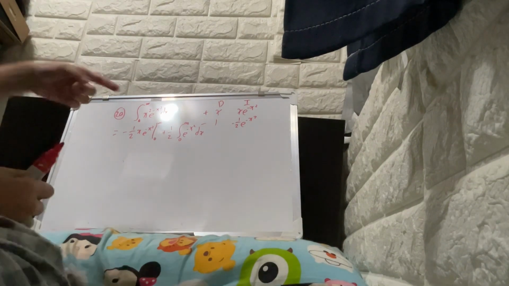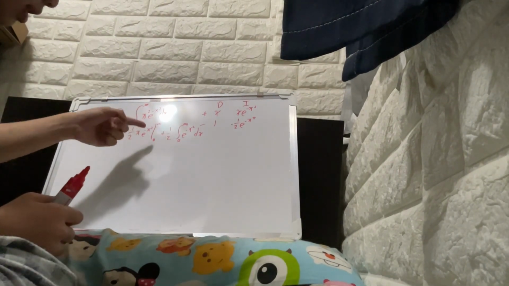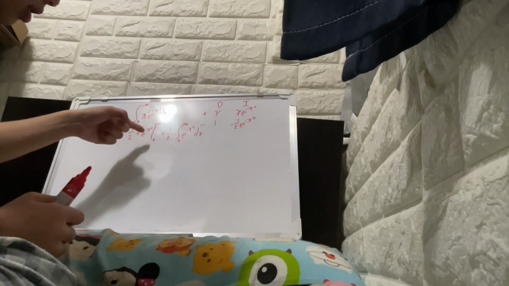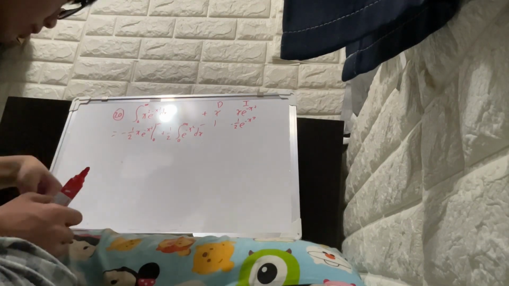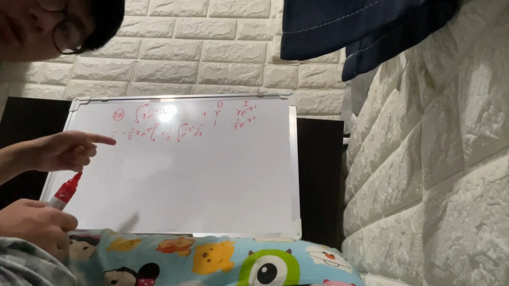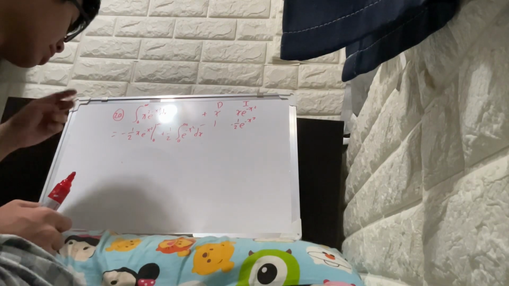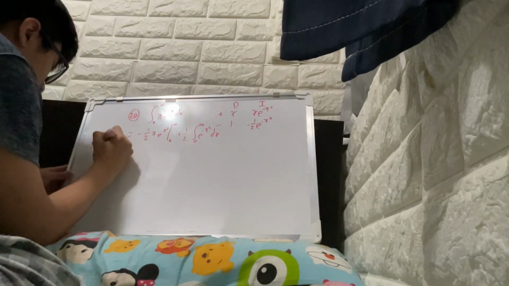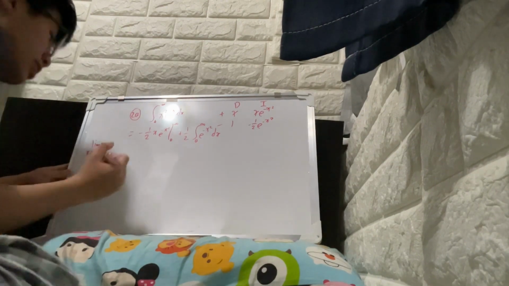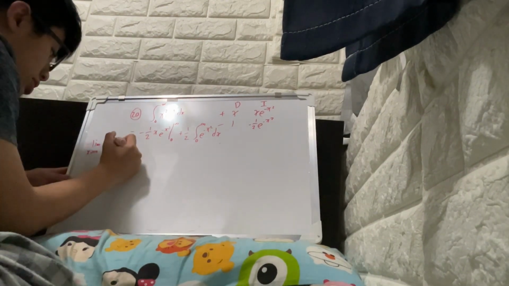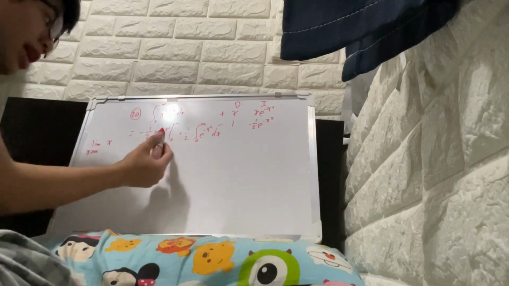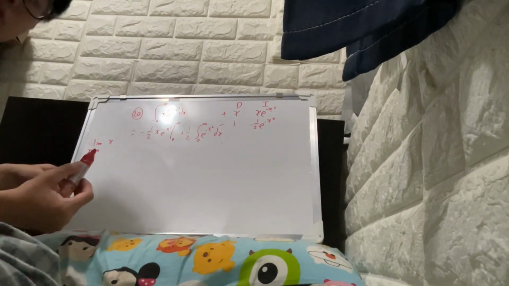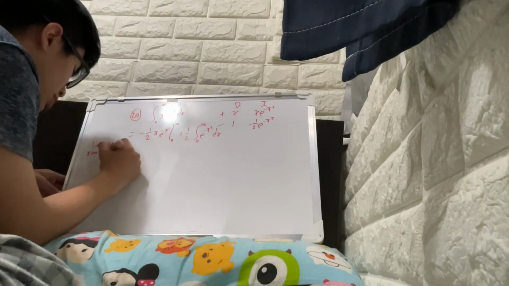So if you put infinity inside, you get infinity times e to the power of negative infinity, which is 0. Infinity times 0 is an indeterminate form, so we have to do our limit as x approaches infinity of x times e to the power of negative x squared, which you can write as x divided by e to the power of x squared.